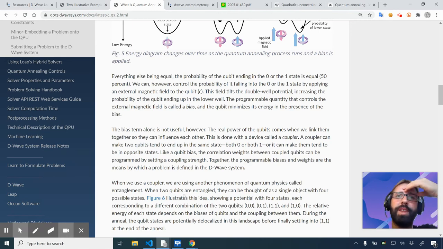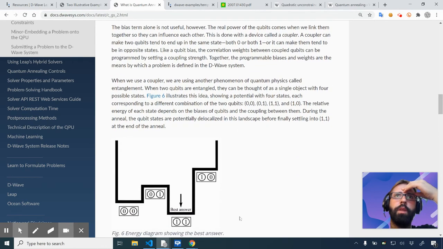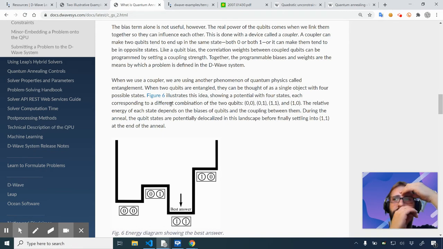When two qubits are entangled, they can be thought of as a single object with 4 possible states. Okay, that's a bit different than how I would define it.